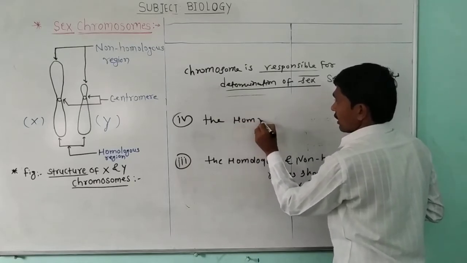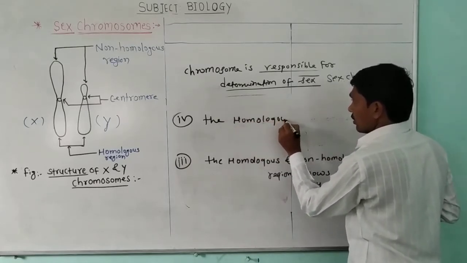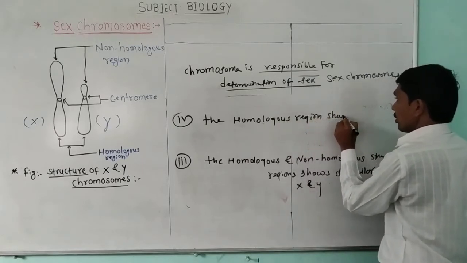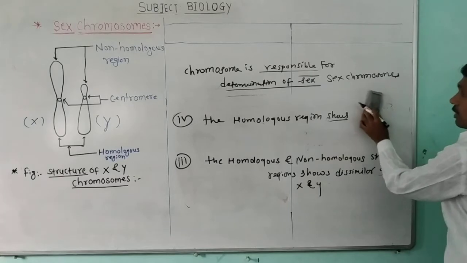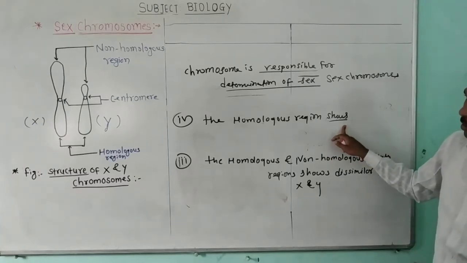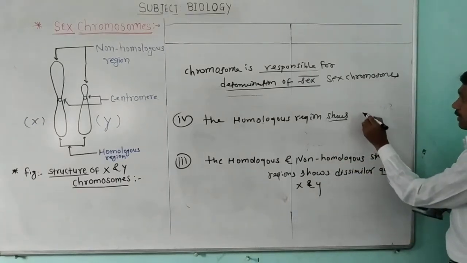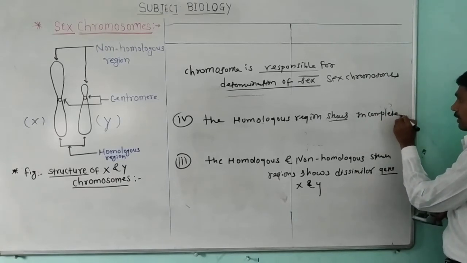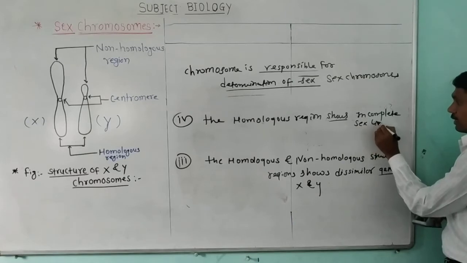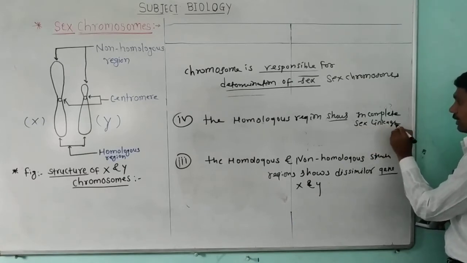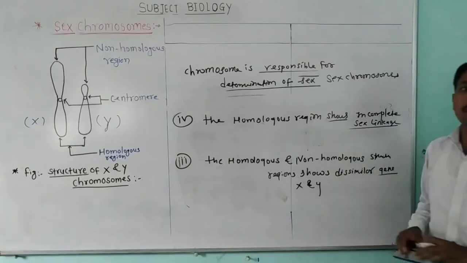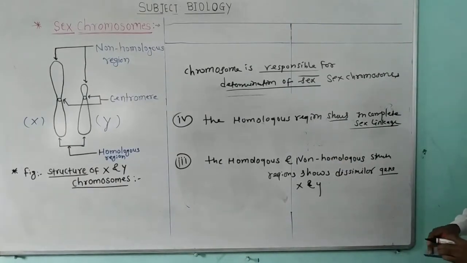Fourth point: the homologous region of the chromosome shows incomplete sex linkage, because in that region crossing over occurs in the homologous part of the X and Y chromosome.